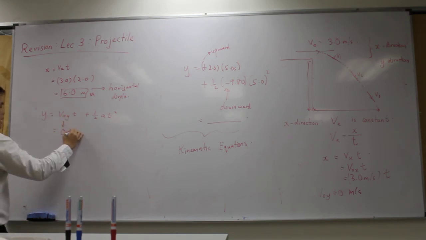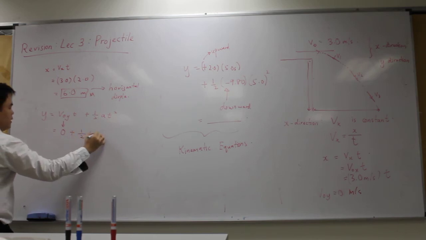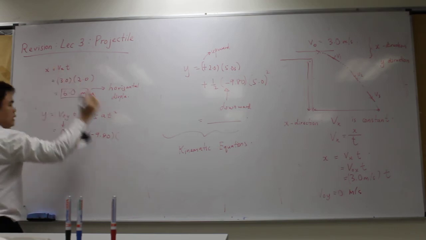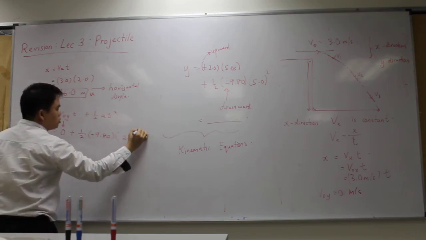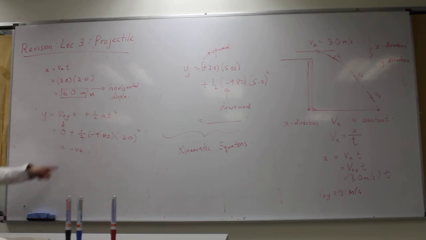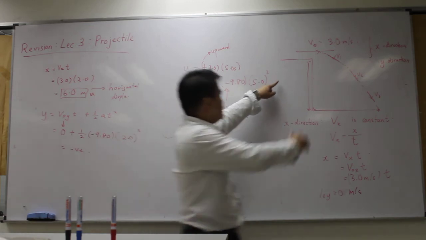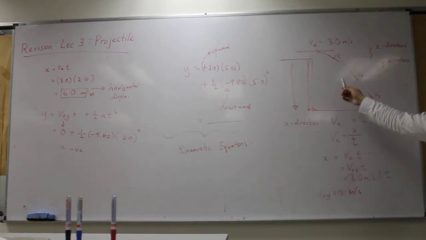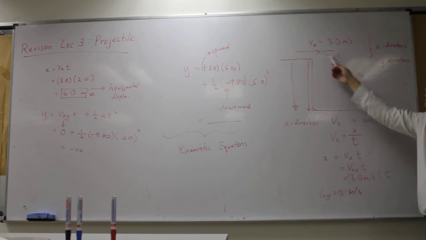So 0 plus half times negative 9.80 times, let's say 2 seconds, so 2.0 squared. You will get a negative value, and this negative value indicates the displacement direction is downward. So it's logical with a qualitative statement like this.